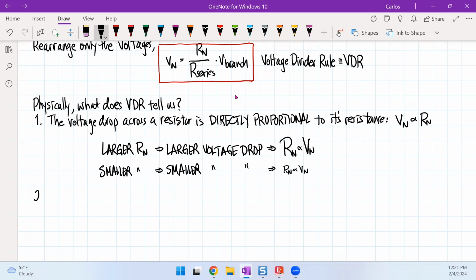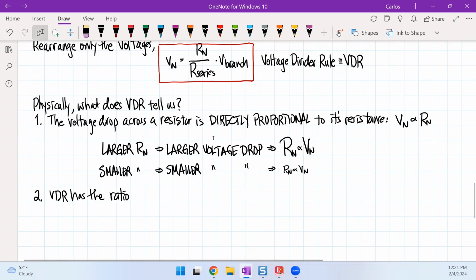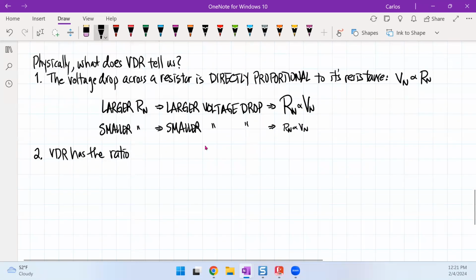And the other thing here is that VDR has the ratio that reads like this. It says that it's Rn divided by R series.